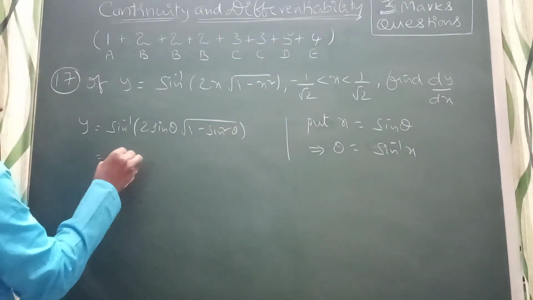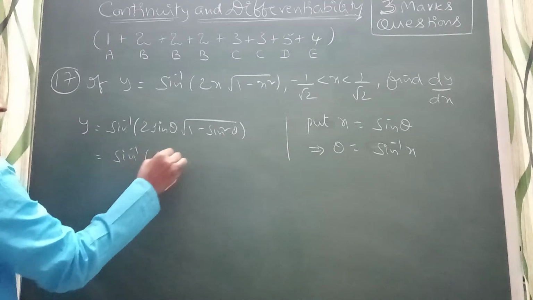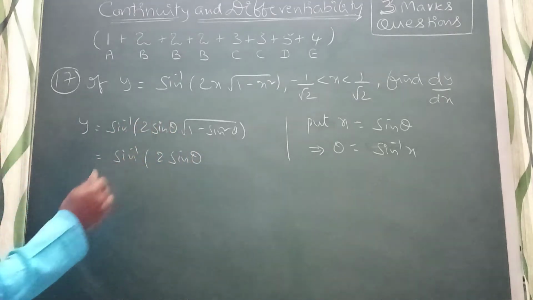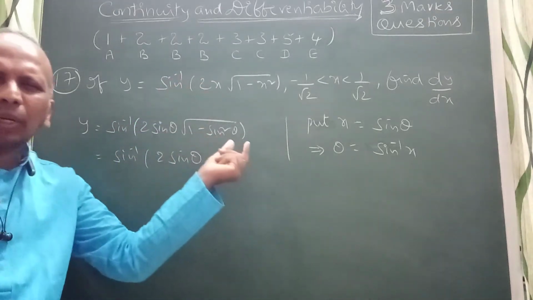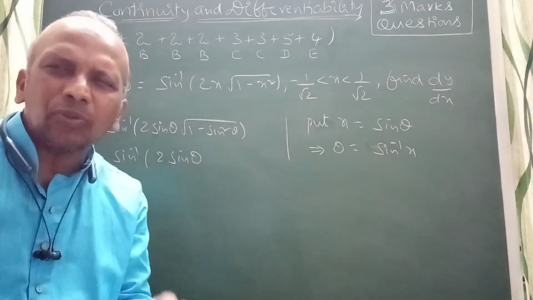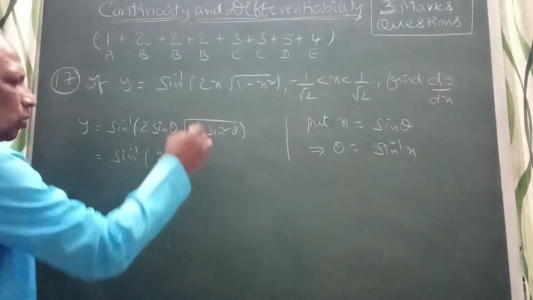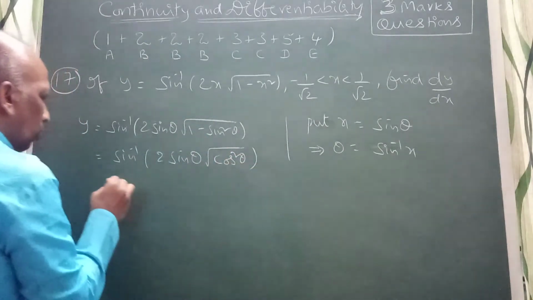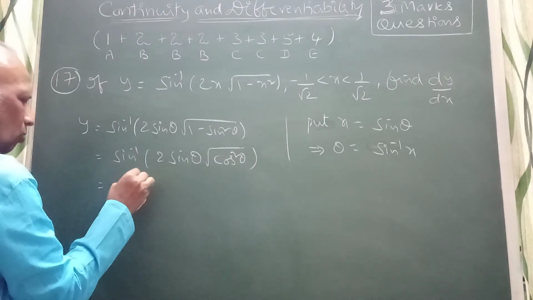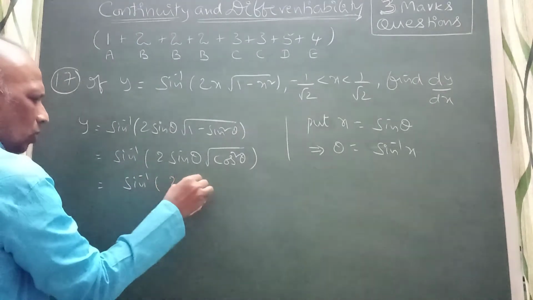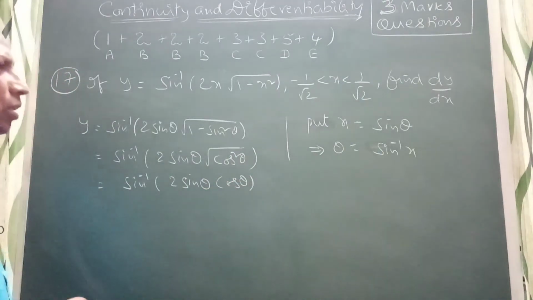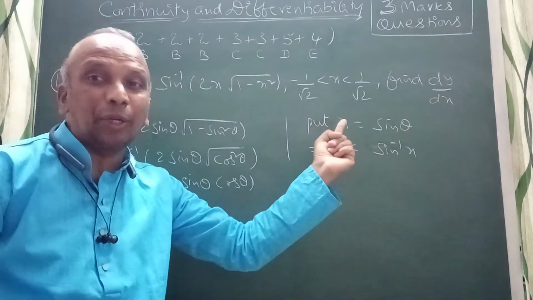Now sin inverse of 2 sin theta, because I have taken this as sin theta, right? Sin theta root of 1 minus sin square theta. 1 minus sin square theta is cos square theta, so this is root of cos square theta. Sin inverse of 2 sin theta, root of cos square theta is cos theta, because they mention x lies between minus 1 by root 2 and 1 by root 2.